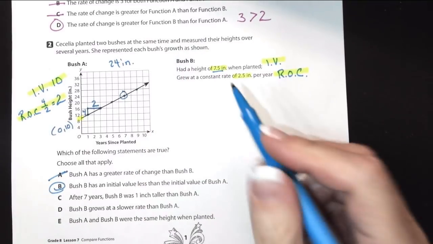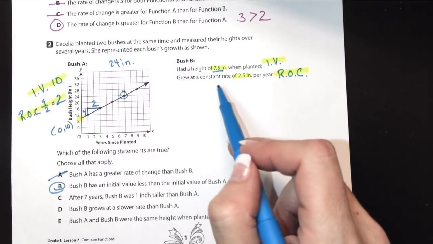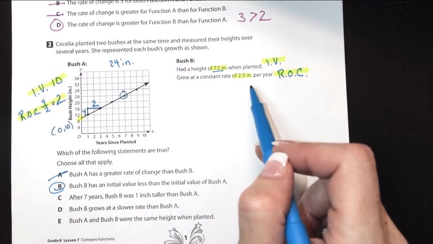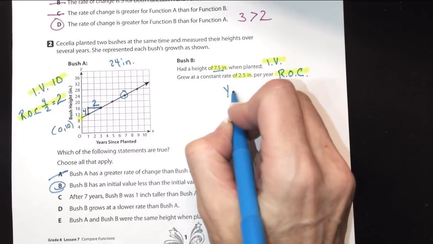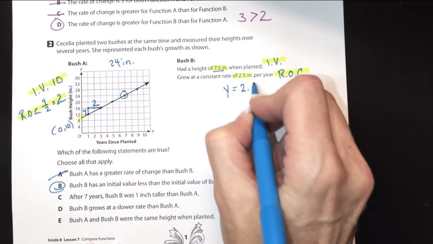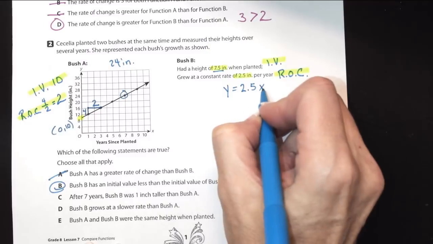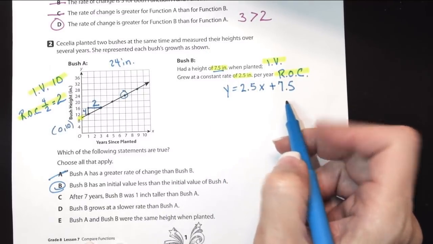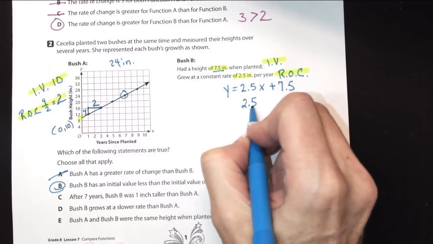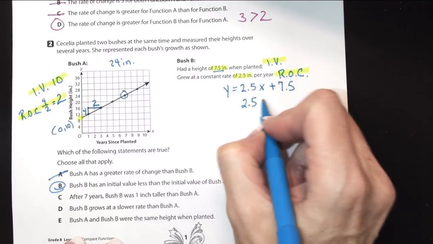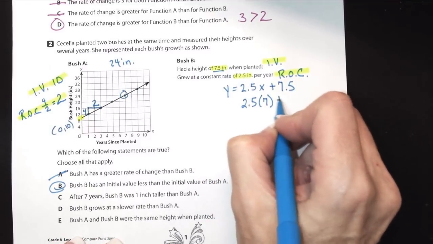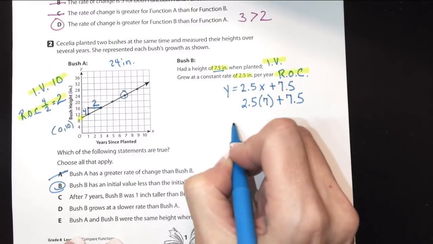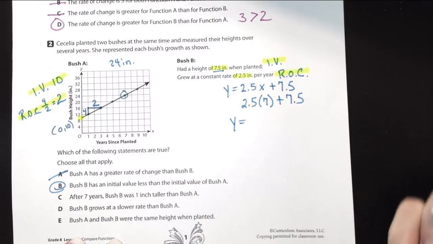Okay. On bush B, it says that it grew at 2.5 inches per year. So if I wanted to write the equation for that, I'd have y equals 2.5x plus 7.5, because that's where it started, and they asked for 7 years, so I'm just plugging and chugging.